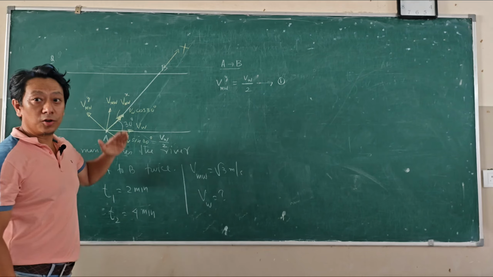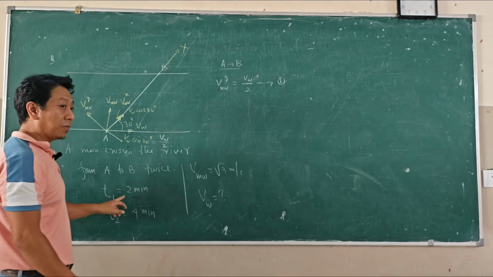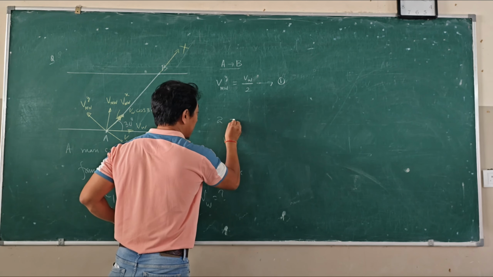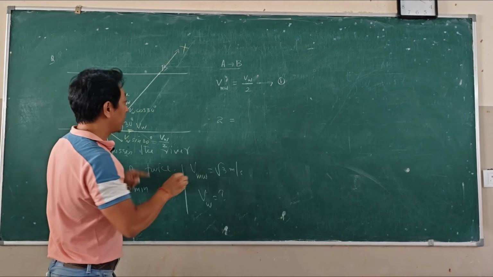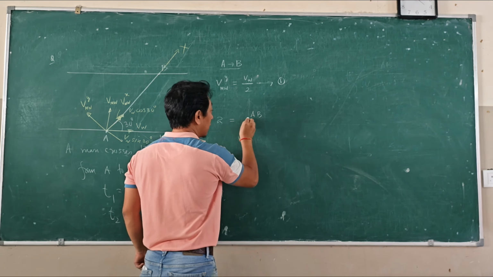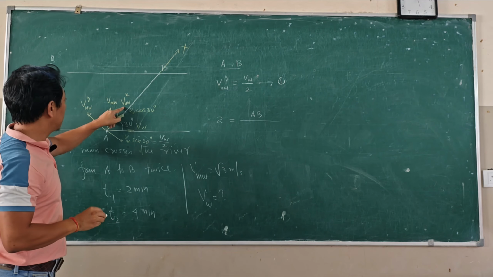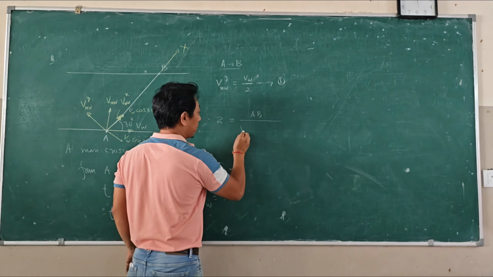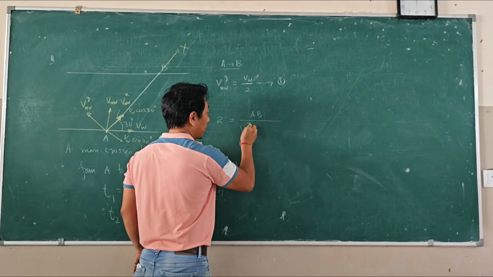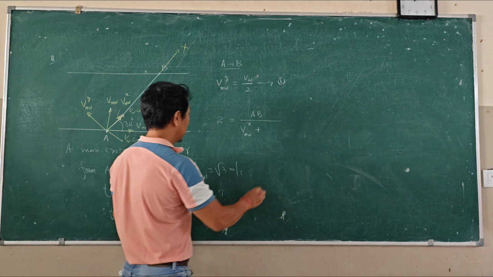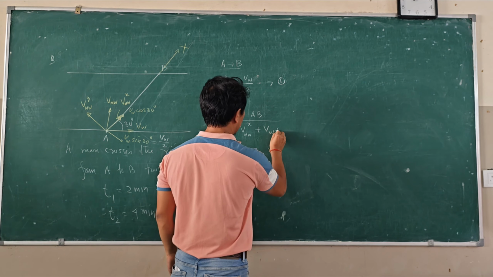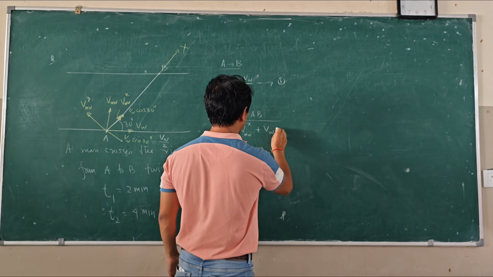And time taken they told. What is time taken they told? 2 minutes. So 2 in minutes will be what? This distance which they have not given divided by what is the total speed of man in this direction? VMW x plus VW cos 30. Cos 30 means how much?